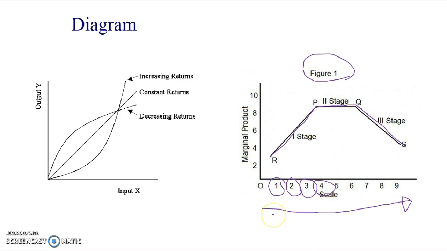On the bottom we had units of labour, and up the side we had marginal product, and average product or output you could have put at the side. So what I'm saying here is that returns are still a concept that's very linked to economies of scale.